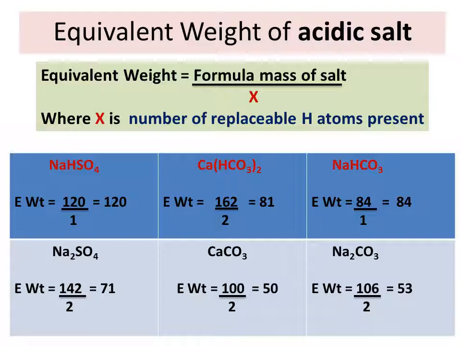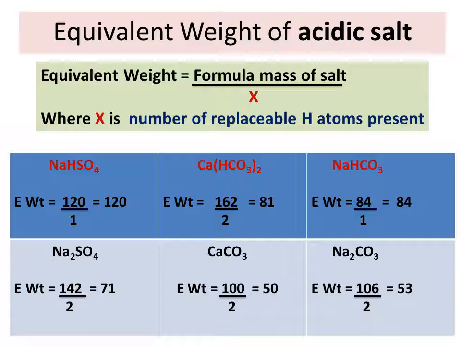One salt of that kind is sodium bisulfate, NaHSO4. The formula weight is 120, and the number of replaceable hydrogens here is 1. So 120 upon 1 comes out to be 120. And another, neutral salt is sodium sulfate.